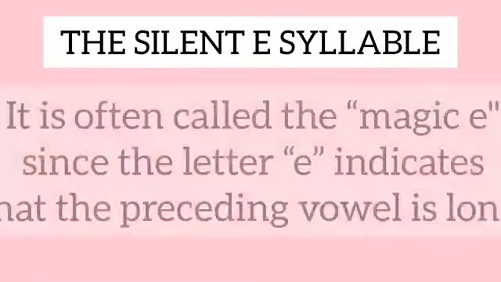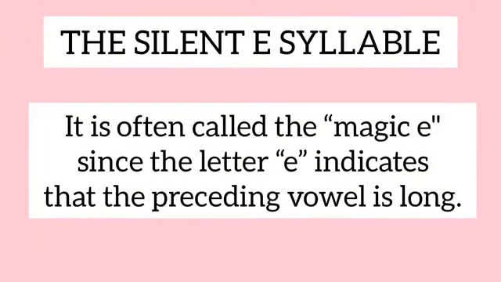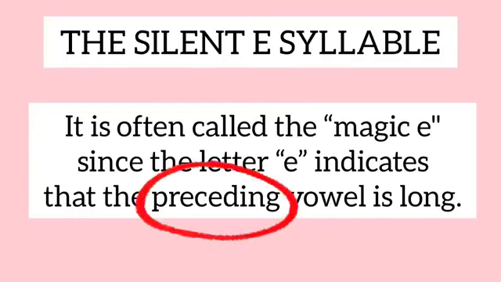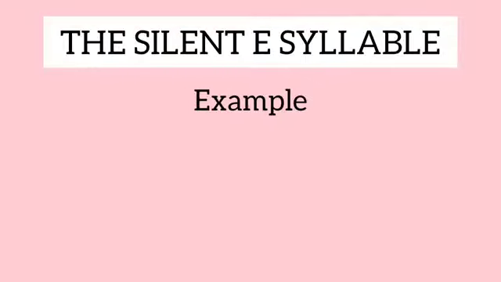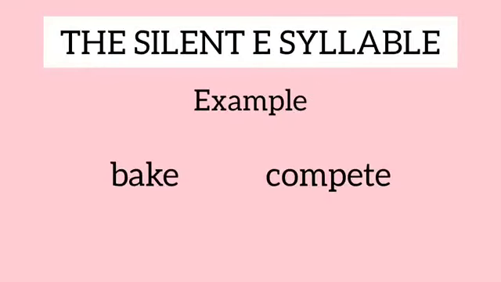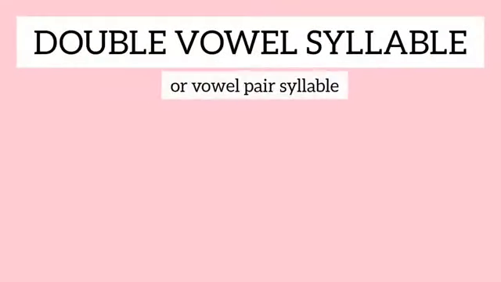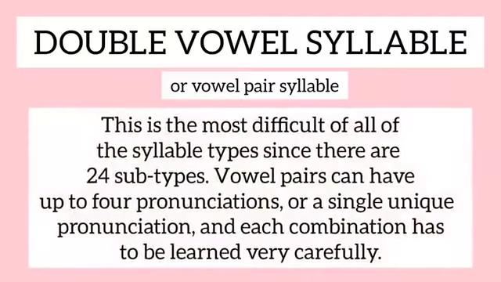The third type is the silent E syllable. It is often called the magic E, since the letter E indicates that the preceding vowel, or the vowel before the letter E, is long. Example, bake and compete. The preceding vowels are long and the vowel E at the end is silent. The fourth type is the double vowel syllable or vowel pair syllable. This is the most difficult of all the syllable types since there are 24 subtypes.